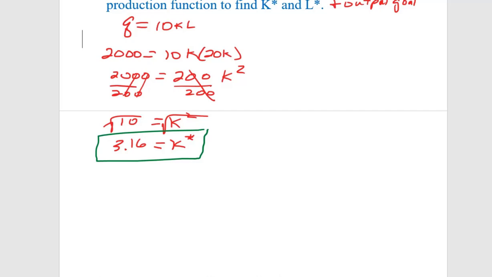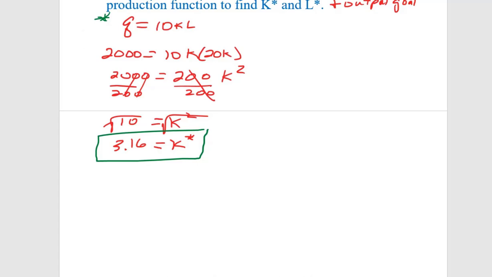Now, to solve for L star, we could take that K star and our 2,000 and go back to the production function, because that was one of our 2 equations, 2 unknowns, or we could just use the expansion path. The expansion path is easier because all I have to do is plug in K and out comes L. I don't have to do any rearranging.